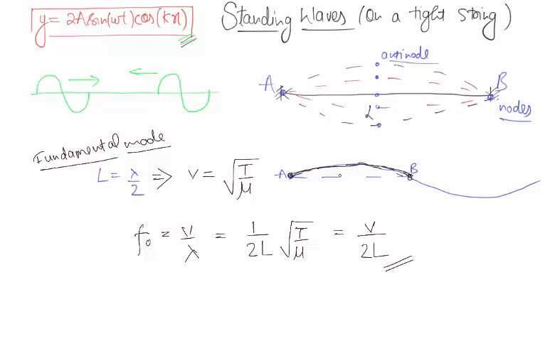So what if we want to create more loops here? Instead of just one loop vibrating, if we want to create more loops, then we will have to go to the next mode, which is called the first overtone.